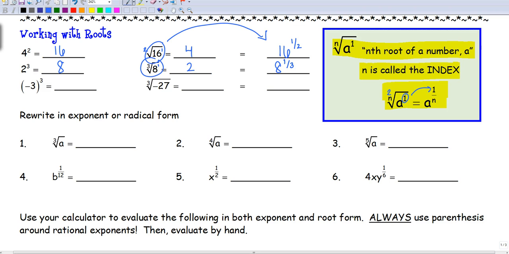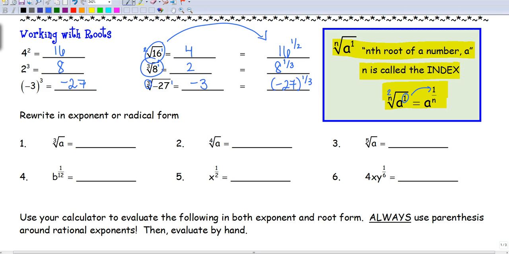So 1/3 is an exponent in this case, and these are just two ways to write the same thing. -3 cubed is -27. The cube root of -27 brings us back to -3. And again, this can be written as -27 to the 1/3 power. The 3 is the index. It always goes on the bottom of your fraction.